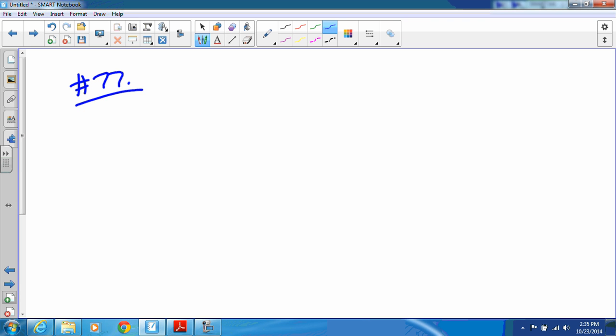The issue with number 77, we discovered that the answer in the back of the book is actually wrong because they worked it out with a 20 kilogram instead of a 30 kilogram shopping cart. So the correct answer, Matt, what did you get?